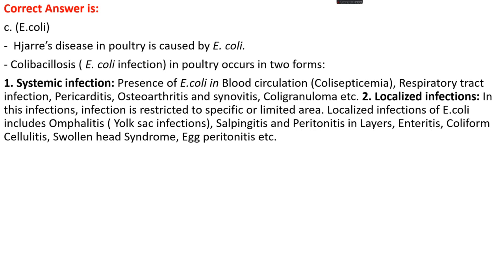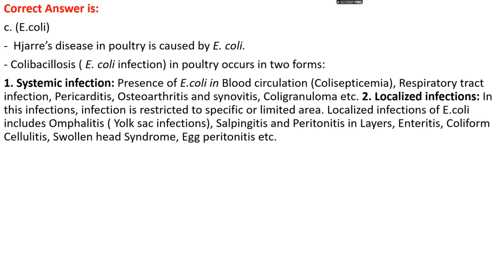Systemic infection is the presence of E. coli in the blood affecting the whole system. Blood circulation infection is termed colisepticemia, with respiratory tract infections, pericarditis, osteoarthritis and synovitis, polyserositis, etc. If we say localized infection, then the infection is restricted to a specific or limited area.